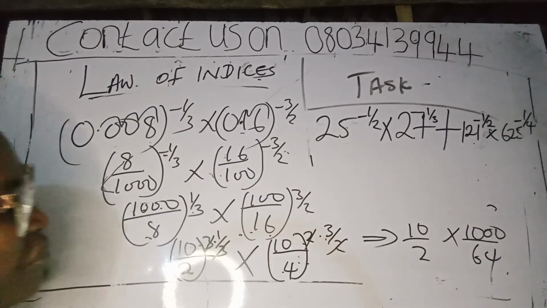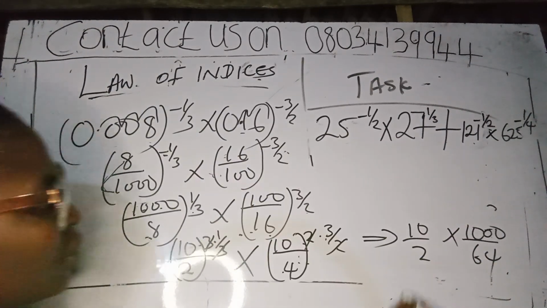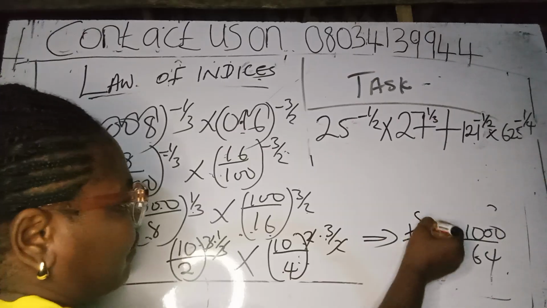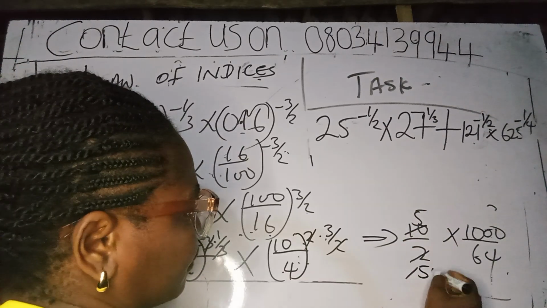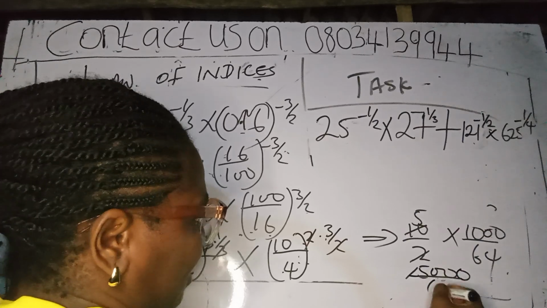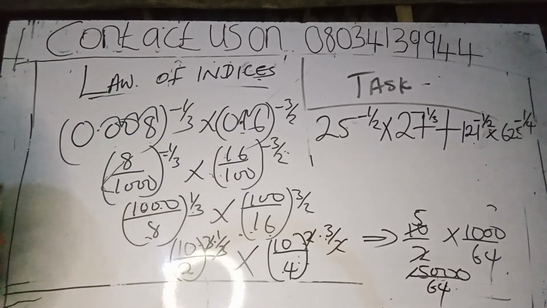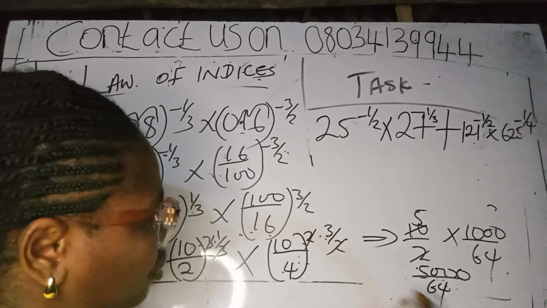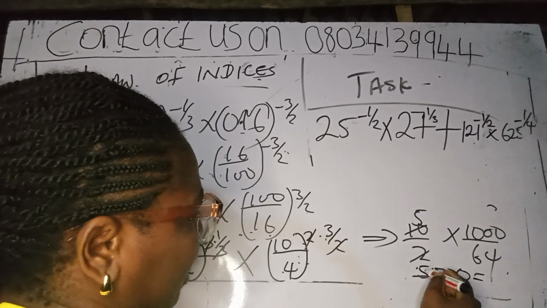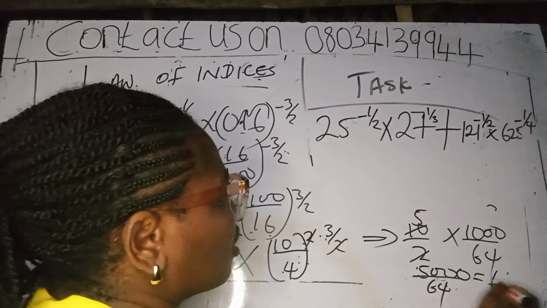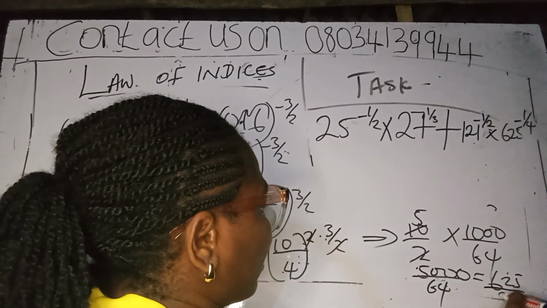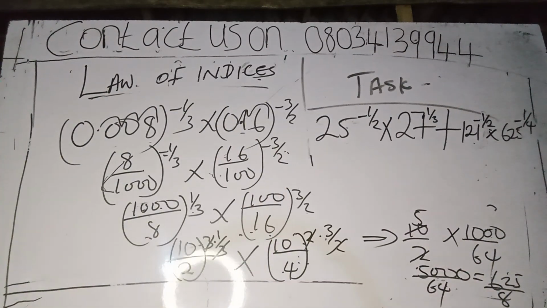Then we can reduce to lowest term. 2 here 1, 2 here 5. And that will be giving us 5000 divided by 64. 8 can be used to reduce them. We shall have 625 over 8, and that is our final answer.